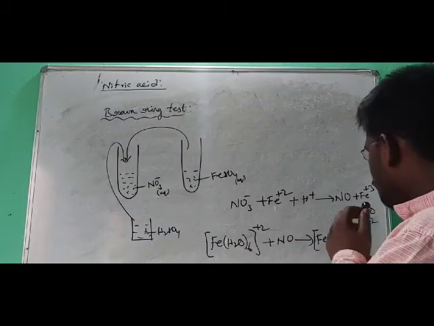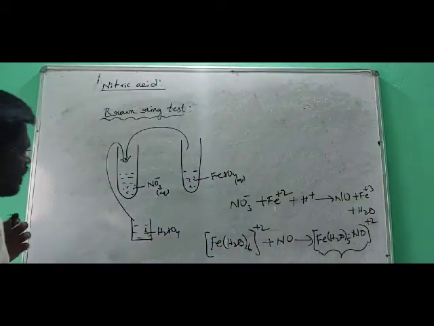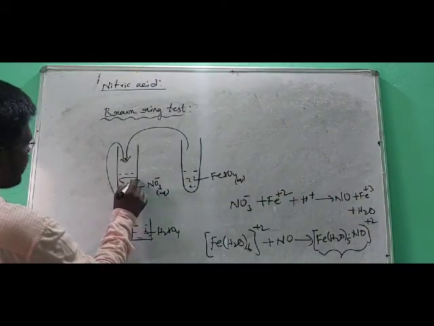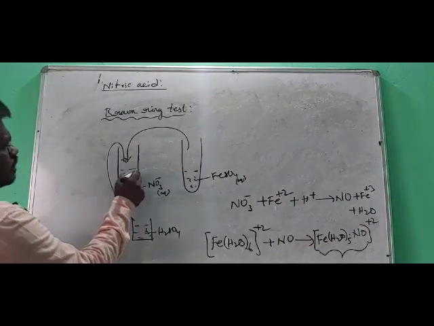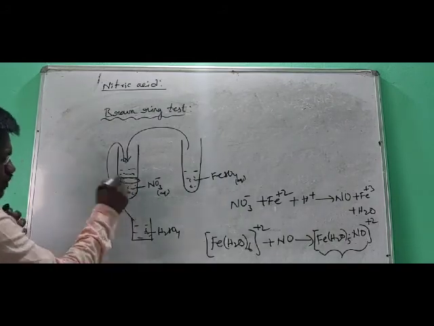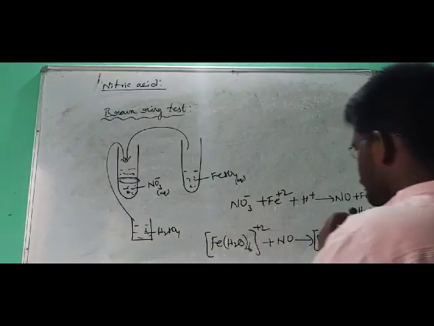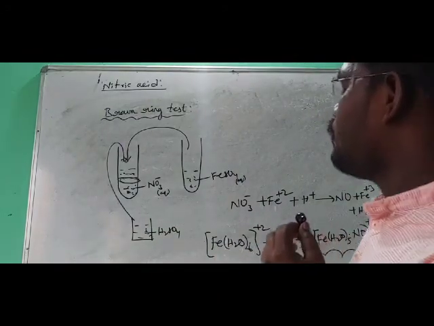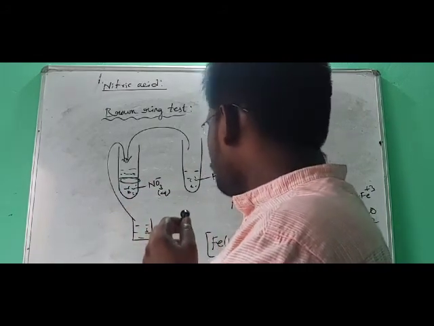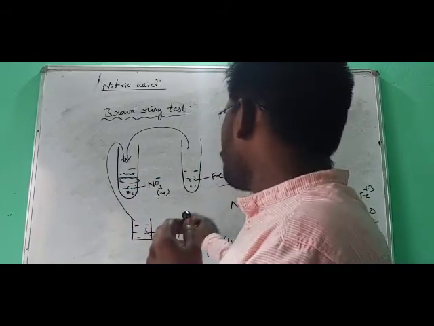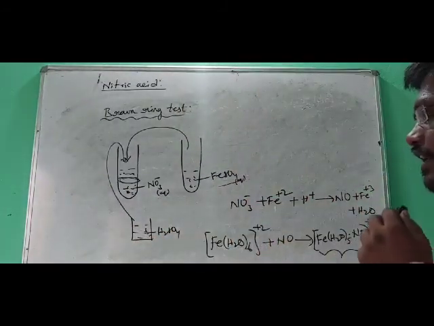So now due to the formation of this complex, we can get a brown ring in this test tube. We can get a brown ring at the junction. Over this one the solution is present, and below it the sulfuric acid is present. Sulfuric acid is denser than the solution. So if you get a brown ring when you test a given solution by using FeSO4 and H2SO4, it means that it has nitrate ions.